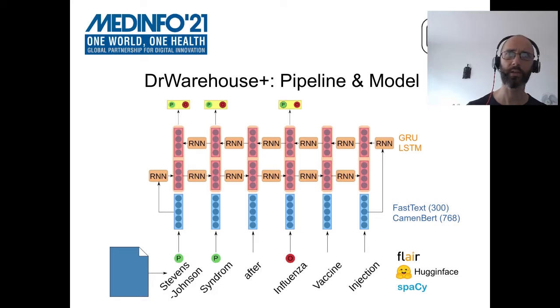So for example, here it's disambiguation, and Stevens-Johnson syndrome and influenza are 2 tokens on which we do the prediction, none of the others, because these 2 groups of tokens were flagged as being phenotypes, potentially. And then the model tries to replicate the label that was given by the annotator that says, for example, that influenza here is not a phenotype because it's a vaccine, and Stevens-Johnson syndrome, however, is a phenotype.